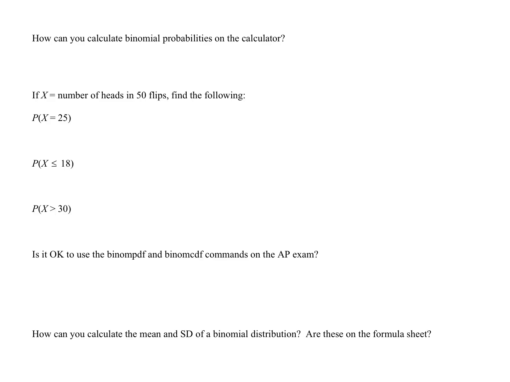Okay, starting with how do we calculate binomial probabilities on the calculator? There are two. When you go to second distribution, you're going to see binom PDF and you're going to see binom CDF. PDF calculates x is equal to some number.